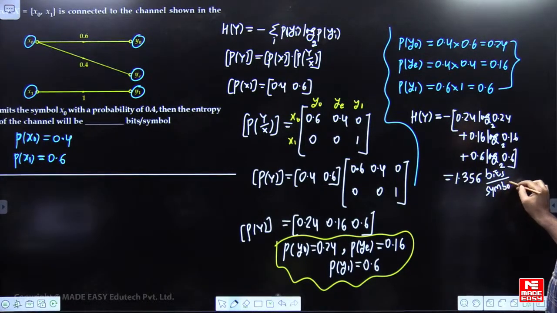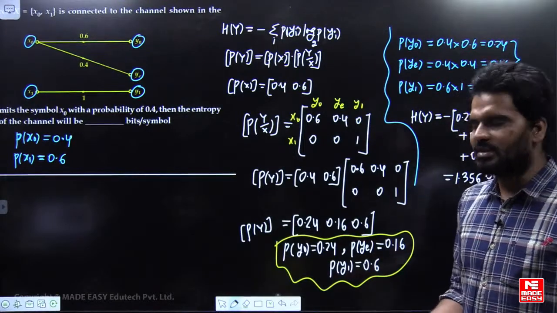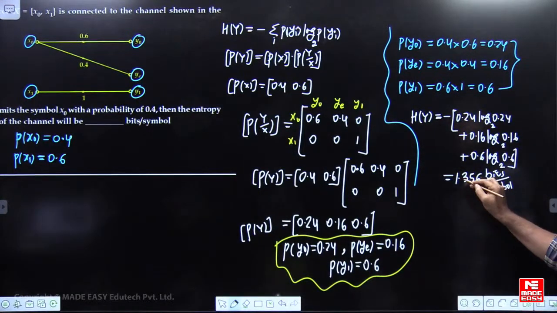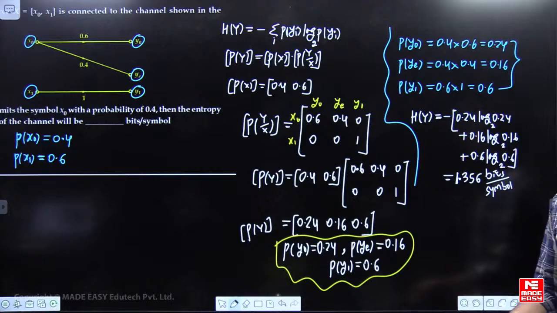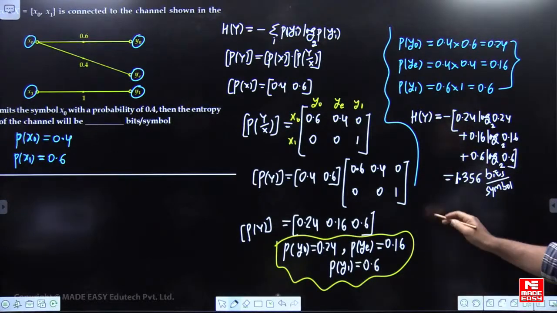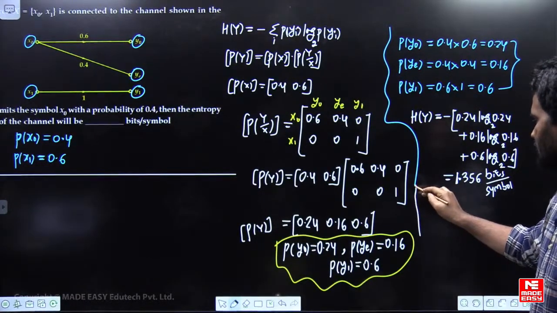If the question does not mention rounding off to 2 decimal places, fine, but if it is mentioned, then you can write 1.36. But even if you keep the answer 1.35 or 1.356 or 1.36, you will get the marks for that. Okay, no need to worry about that.